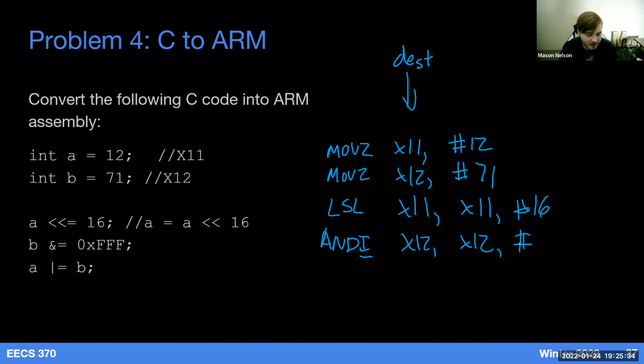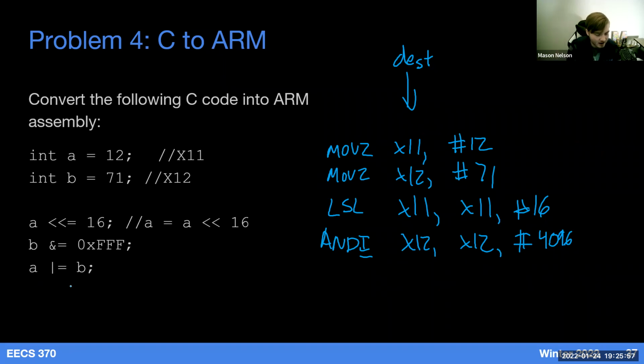The value of 0xFFF is 4096. So I'll just place that for now. I think technically there's a way to put it in hex for ARM, but we're not going to worry about that. I don't think it would be counted off on the exam for putting hex or binary into these values or into these immediate places.